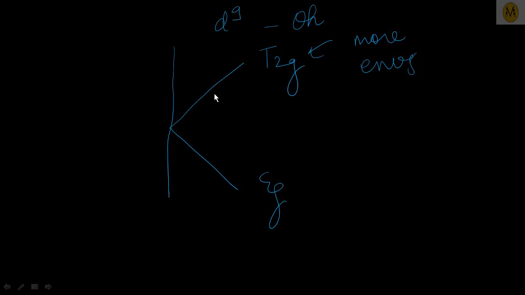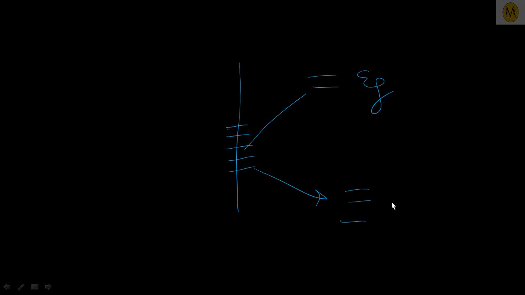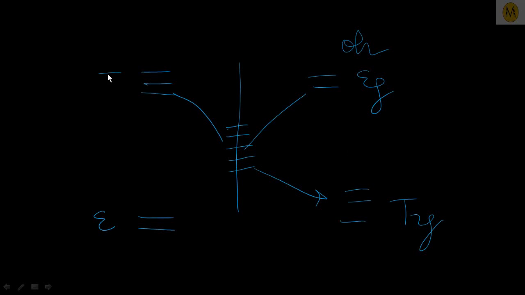Now what happens in tetrahedral? When we draw the splitting, in CFT we studied these are 5 d orbitals. In octahedral we have Eg and T2g. This is octahedral. And in tetrahedral we have E and T2.